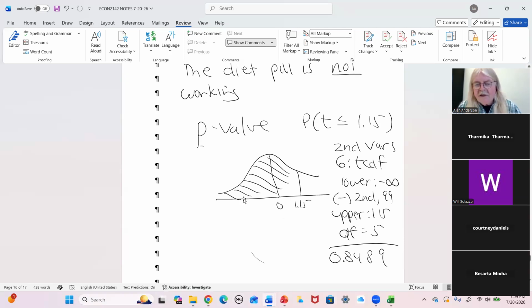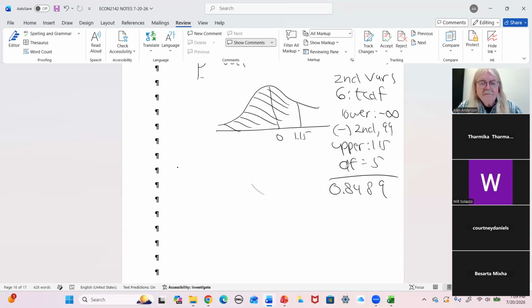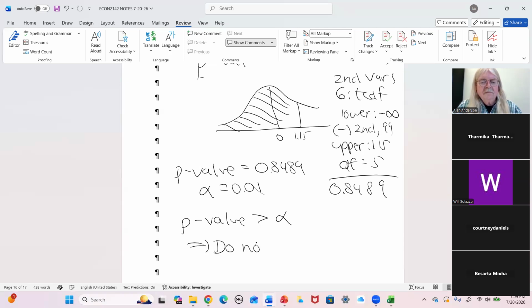So that's obviously larger than whatever alpha is, 0.1. And that should take care of that.